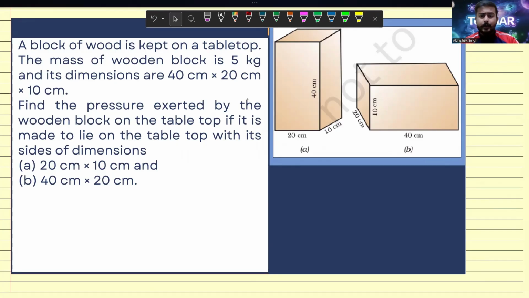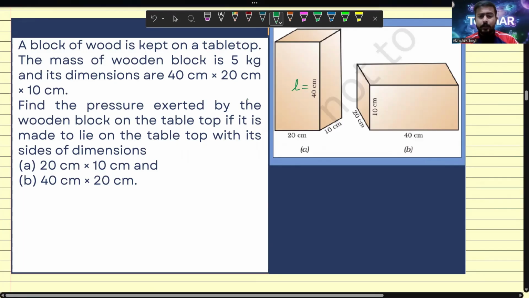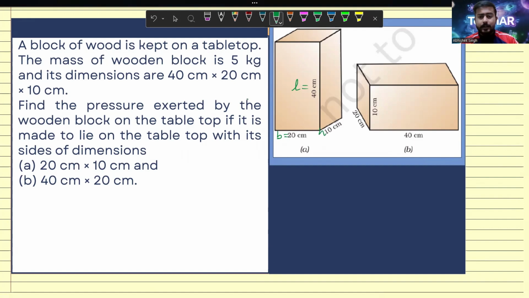What is this 40 centimeter? We can say the length is 40 centimeter, the breadth is 20 centimeter, and the height is 10 centimeter. Find the pressure exerted by the wooden block on the tabletop if it is made to lie on the table with its sides of dimension.